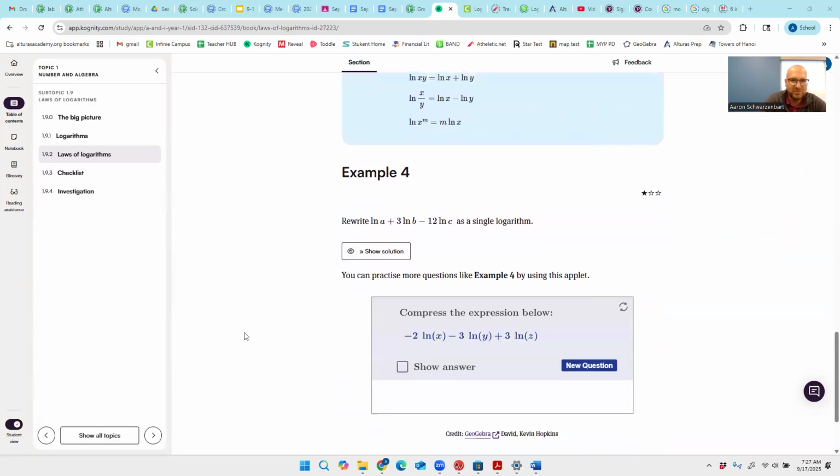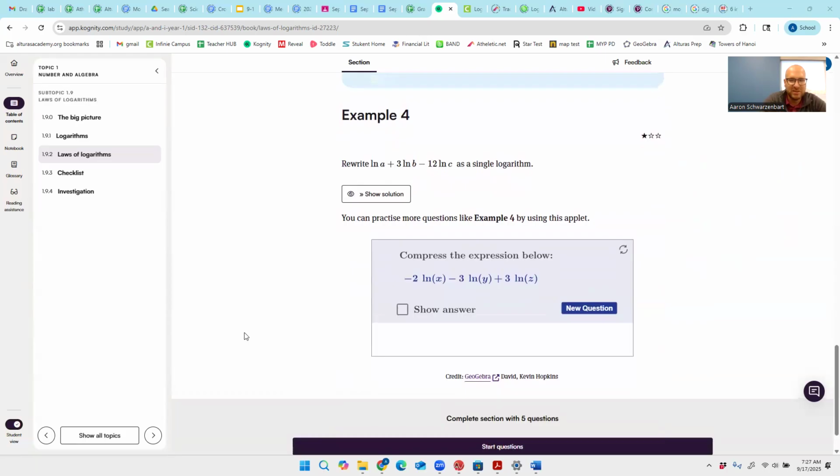Okay, a couple more examples, and this one will be done. It says rewrite this as a single logarithm. The key to rewriting as a single logarithm is I've got to bring these numbers in front up first. So I've got ln a plus ln b cubed minus ln c to the 12th.